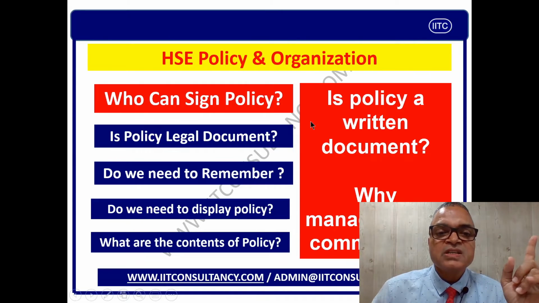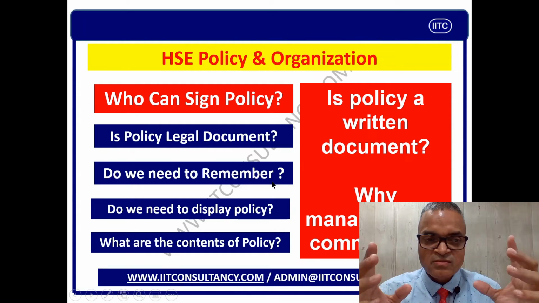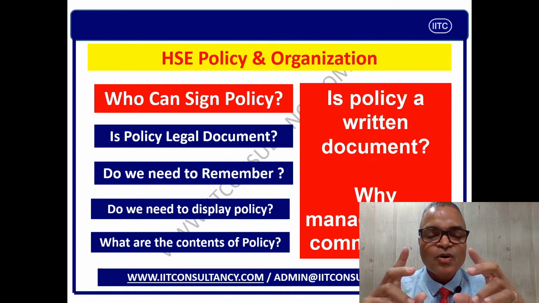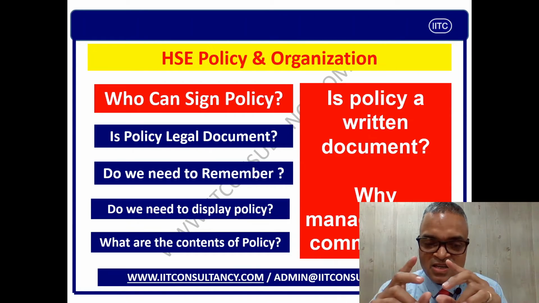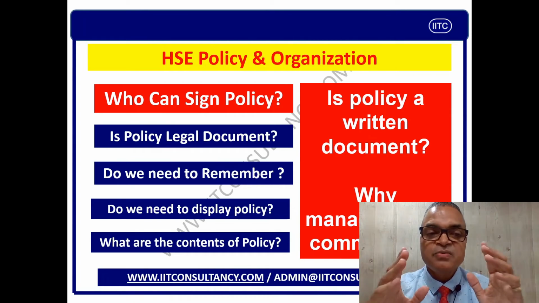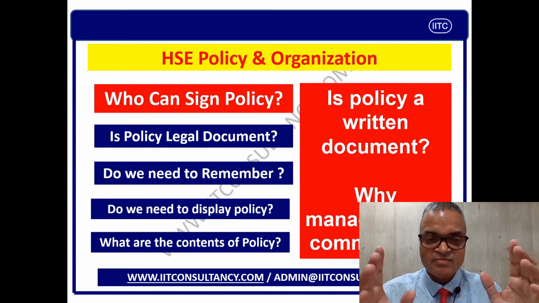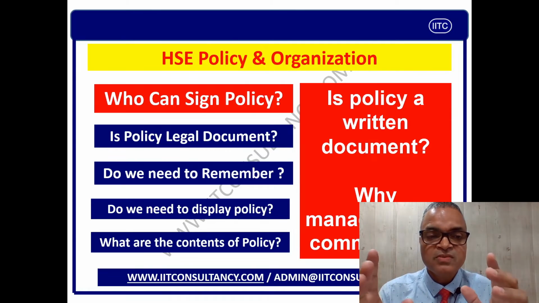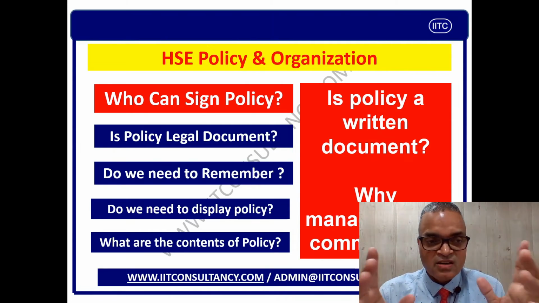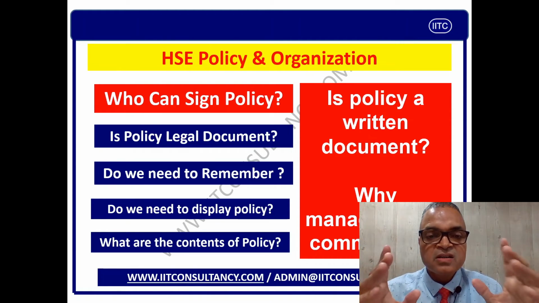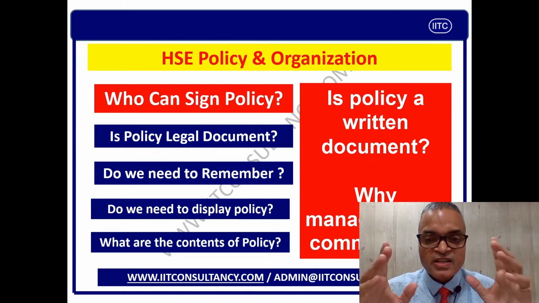Do we need to remember the safety policy? I tell you no. The safety policy need not be read line by line, understood line by line, or remembered word for word, but we need to understand the intent of the safety policy. Everybody from top to bottom, from CEO to peon, must know the intent of the safety policy. Do we need to display the safety policy?